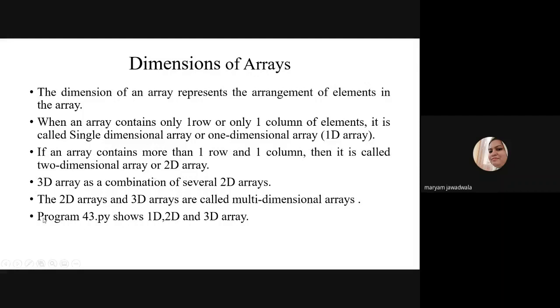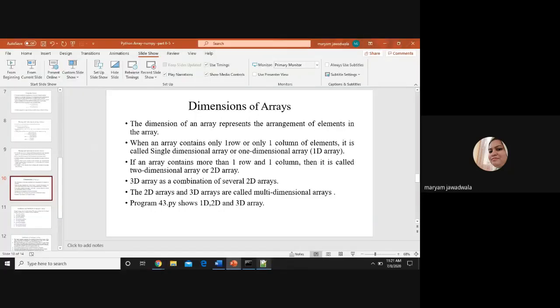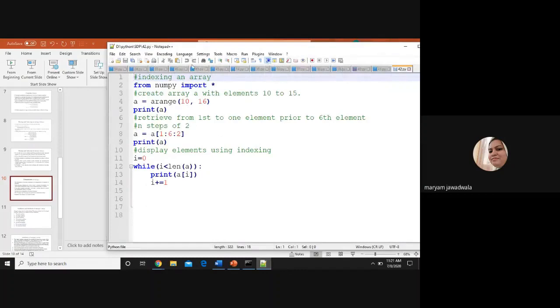So here 2D array and 3D array are nothing but my multi-dimensional array, right? So to understand the concept of 1D, 2D and 3D array, I write one program that is 43.py. So let's move to the program 43.py here.